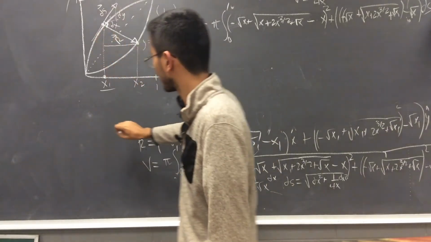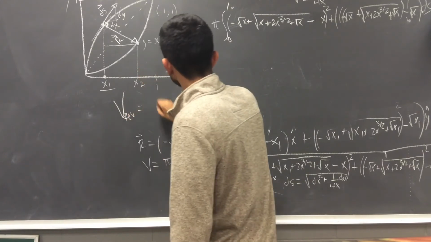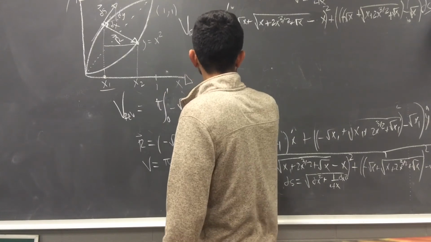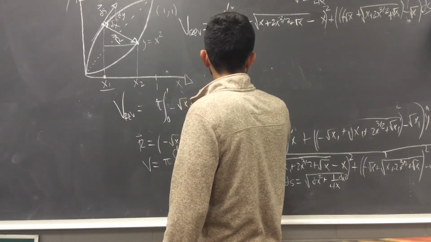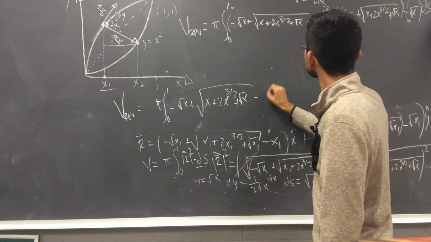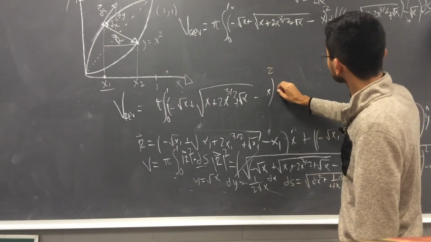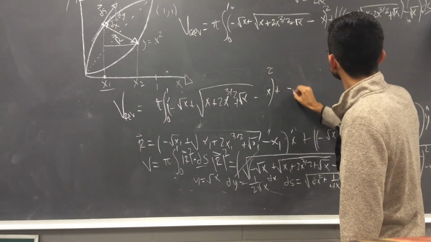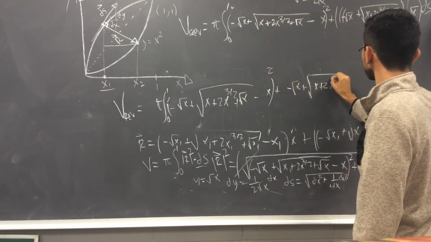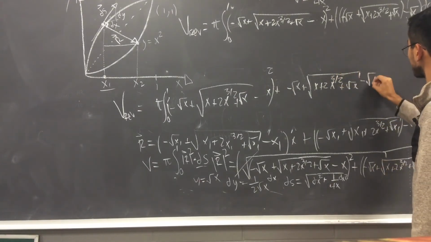So the volume of the solid generated is going to be pi integral from 0 to 1 of negative root x plus root x plus 2x to the 3/2 plus the square root of x minus x, all of that squared, and then we're going to add negative the square root of x plus the square root of x plus 2 times x to the 3/2 plus the square root of x minus the square root of x.